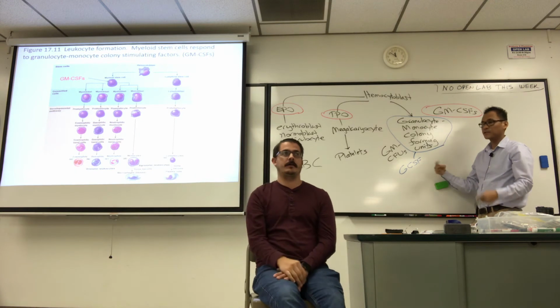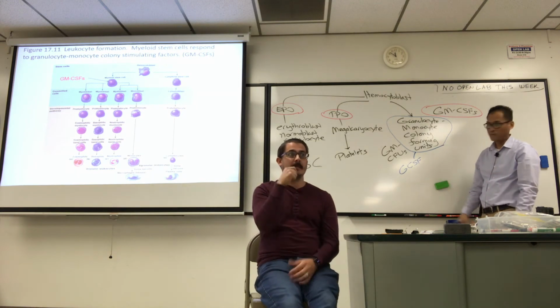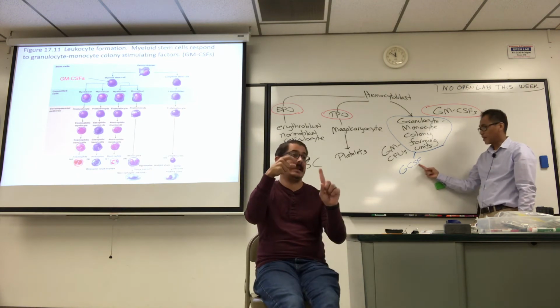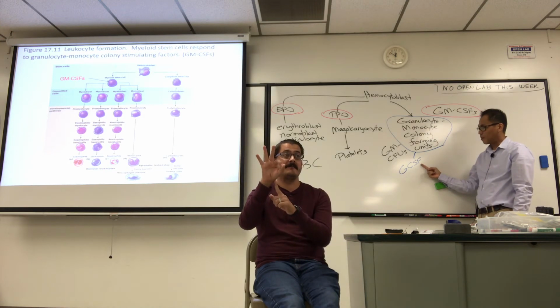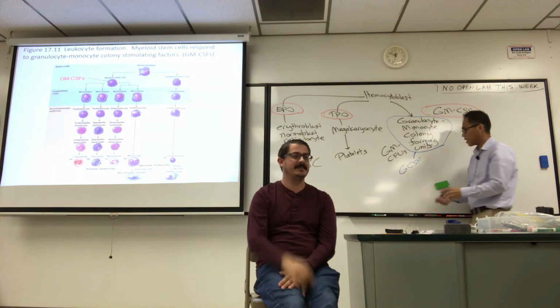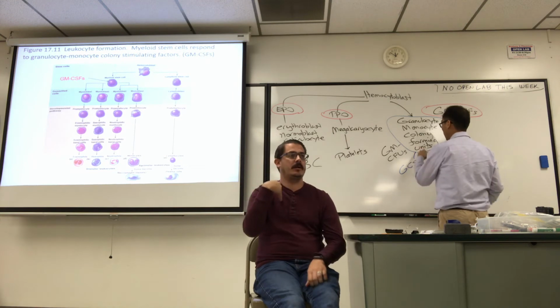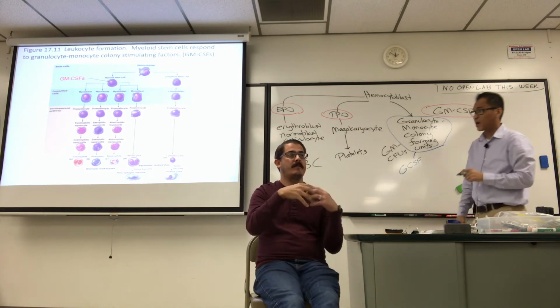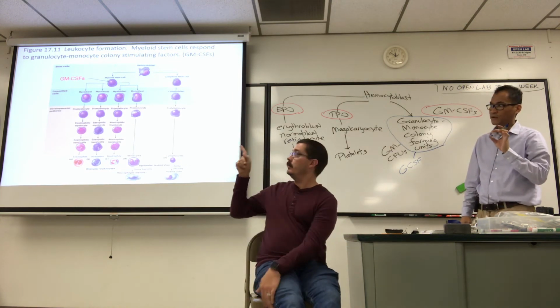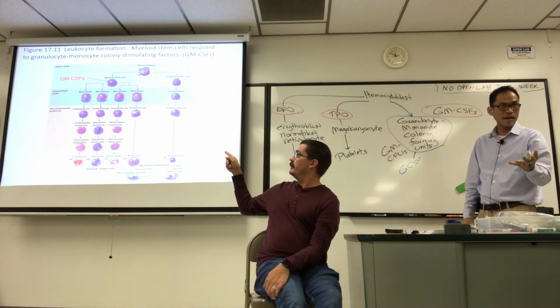I'm saying it slowly because I'm not going to write it out. What's the S? Stimulating. What's the F? Factor. Okay. Basically, you'll get out of the colony forming units what's listed on the slide here: eosinophils, basophils, neutrophils. Those are your granular leukocytes.